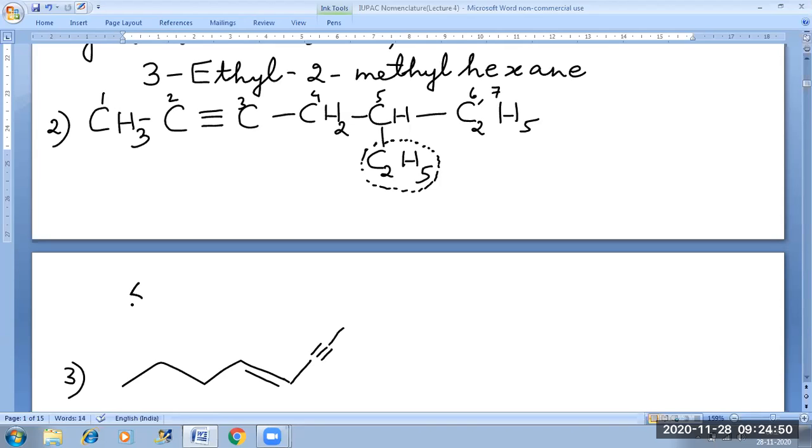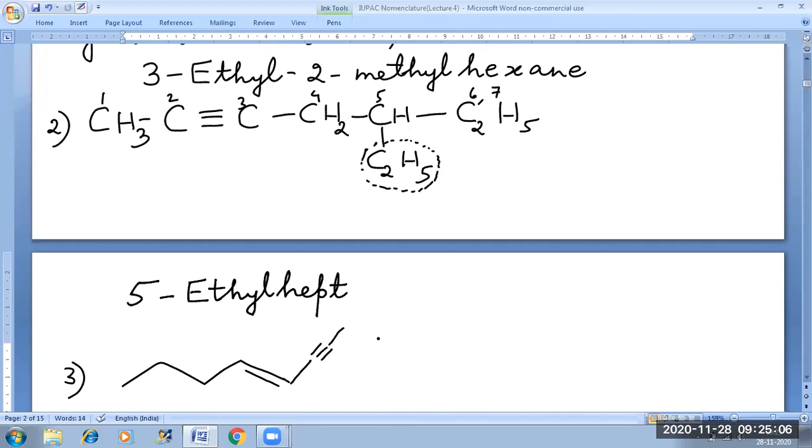So the name will be 5-ethyl. Five ethyl 7, so hept. At the second position, you have the triple bond. The second atom has this. So 5-ethyl hept 2-yne. Yne because it's a triple bond.